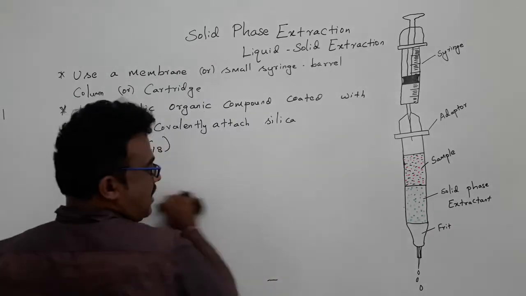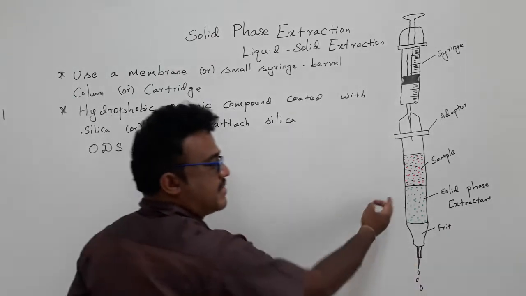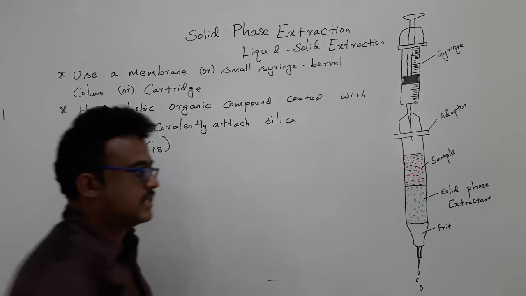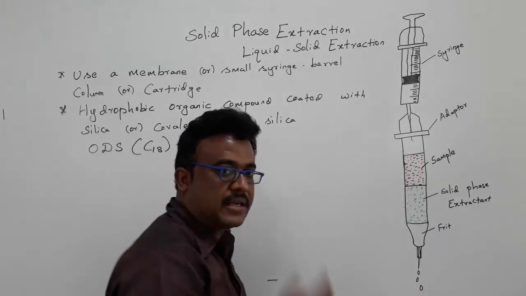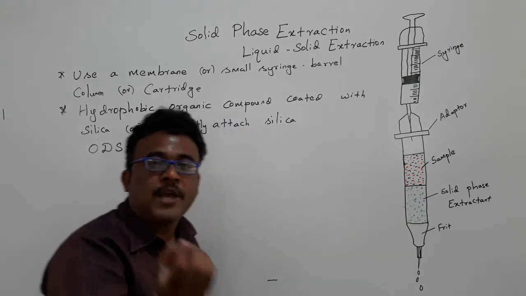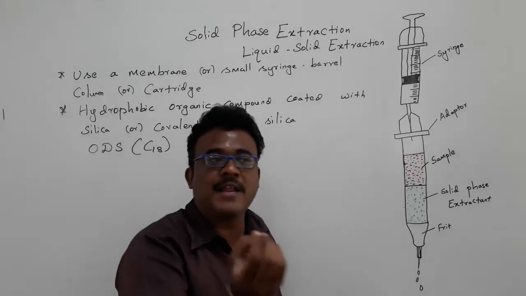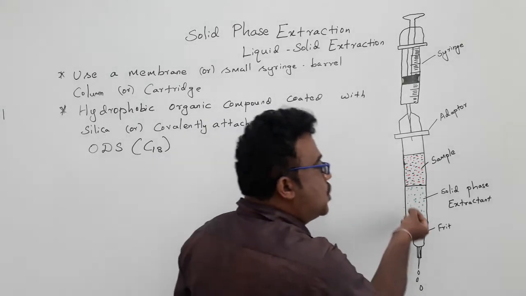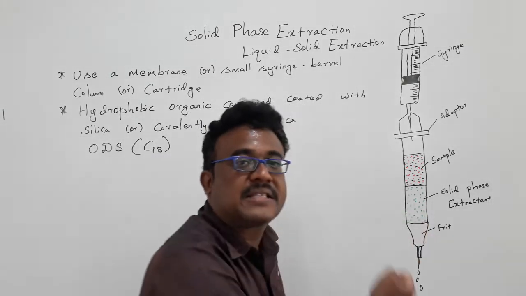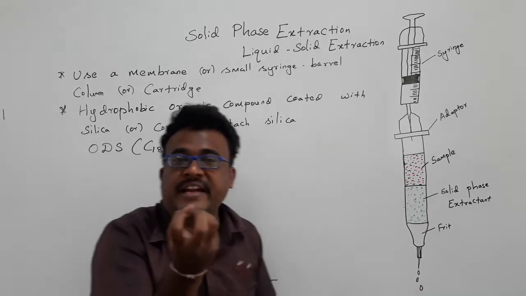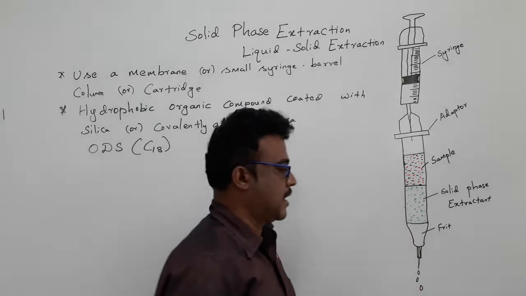Once the organic components are extracted into the solid phase extractant, you can use a small volume of methanol to extract and get the concentrated organic components.